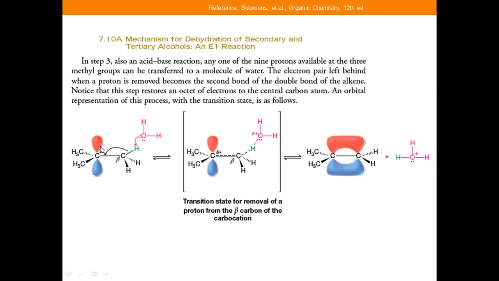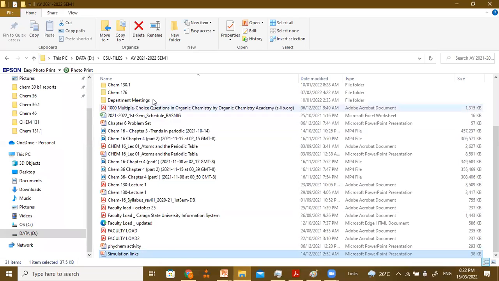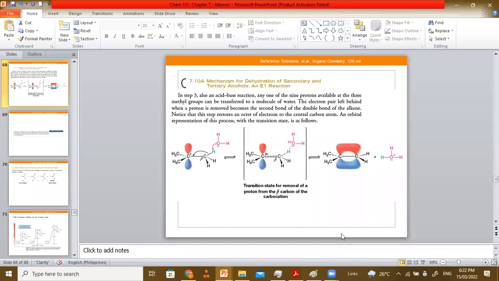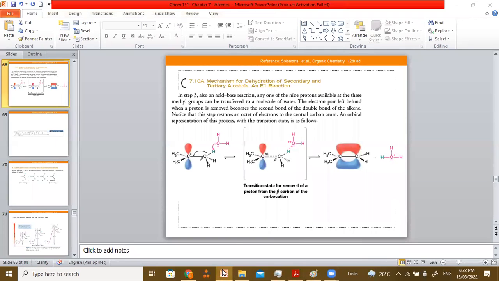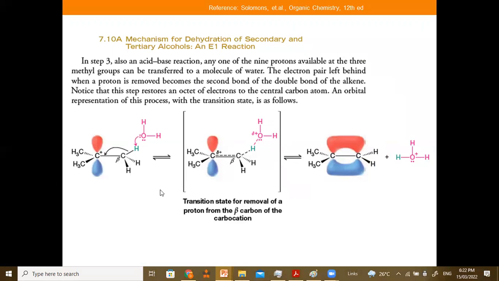I think I have already shown that before, and it can be stabilized by hyperconjugation. I'll show that next meeting. The more R groups contained in the adjacent carbon atoms, the more it can be stabilized.